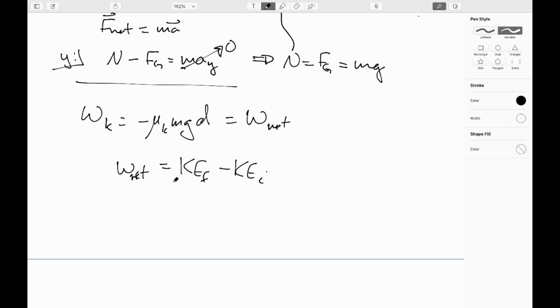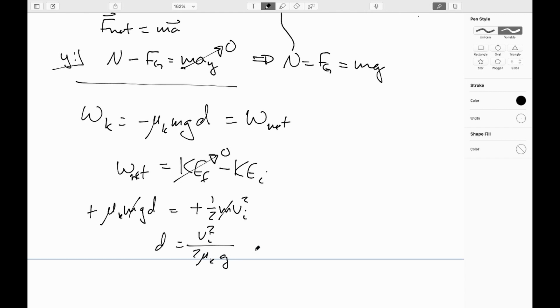And since the block ended up at rest, the final kinetic energy is 0. So this will be minus mu k mg d equals minus, from the minus sign there, 1/2 m v initial squared. The m's cancel, which is a good thing. Minus signs cancel. And we get that d is equal to v initial squared over 2 mu k g.